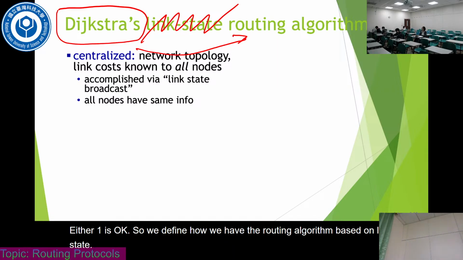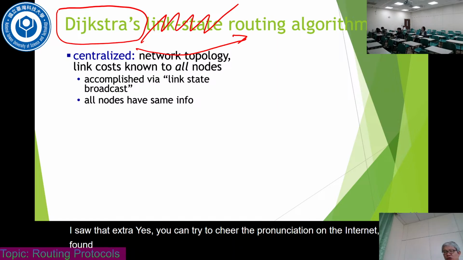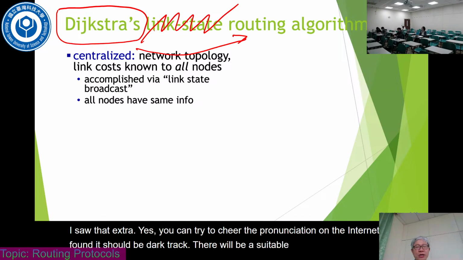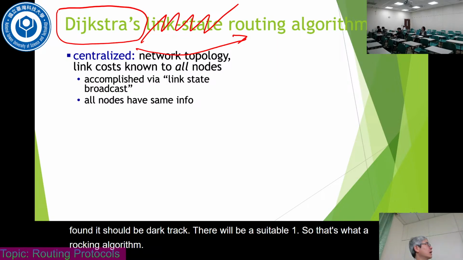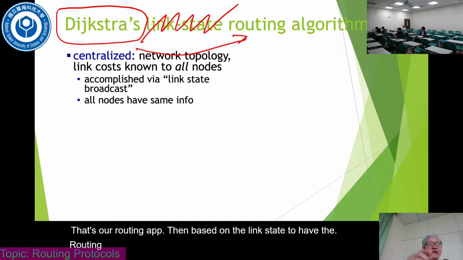As for Dijkstra, you can check the pronunciation on the internet. I found it should be Dijkstra, which is the suitable one. The Dijkstra routing algorithm is based on the link state. So it is a centralized or global routing algorithm.